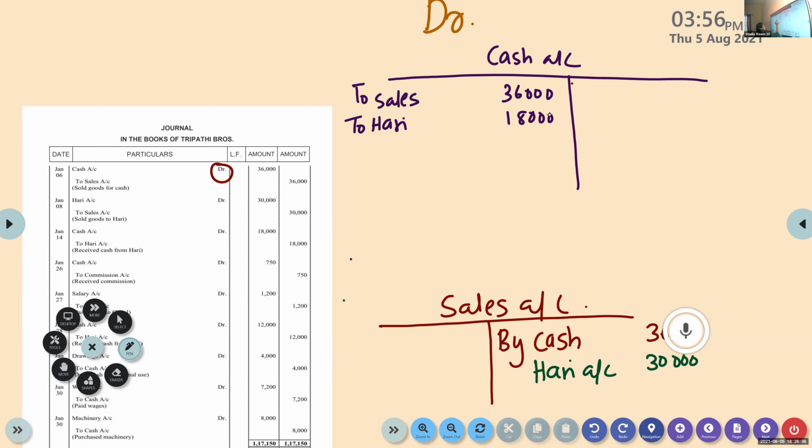Now what? Commission. Cash account debtor to commission. So come to the debit side of cash, right? To commission. How much? 750. Come to commission account, prepare a commission account.